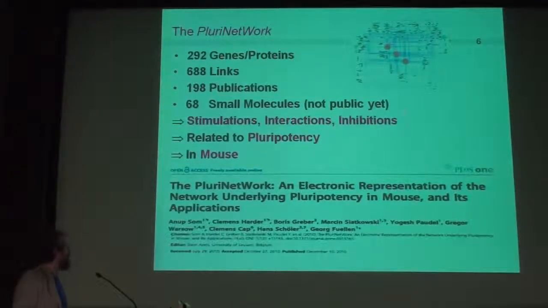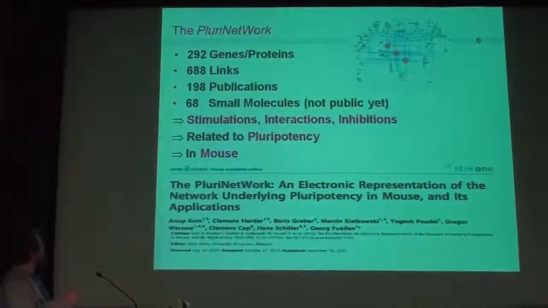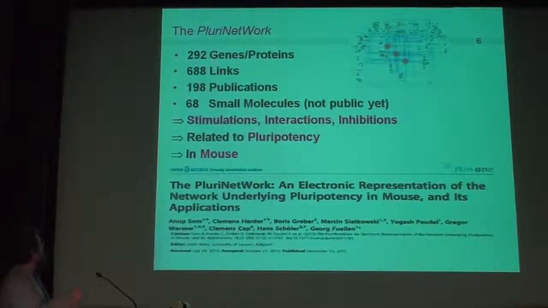It's based on a network that I've assembled, and we are still updating it, describing pluripotency, stemness, embryonic stemness. We had about 200 publications 2 years ago, and now it's about 400 publications on which we base that network, also including small molecules, and so stimulations, interactions, inhibitions related to pluripotency in mouse.